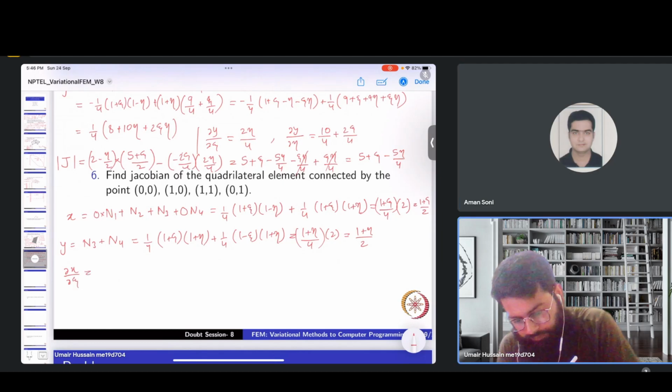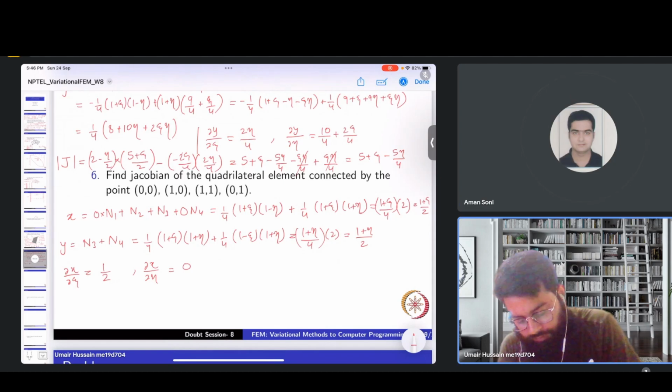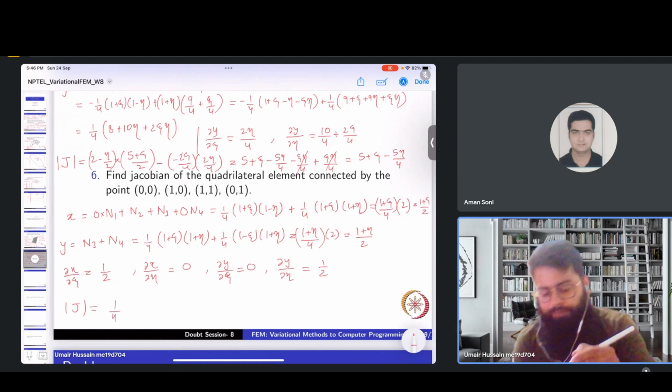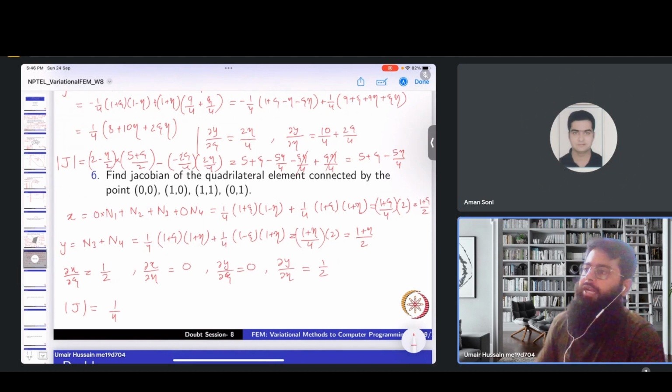Then if we find the elements of Jacobian, we have, let me see. So determinant of Jacobian would be larger than lambda. If you see, it's a constant function.